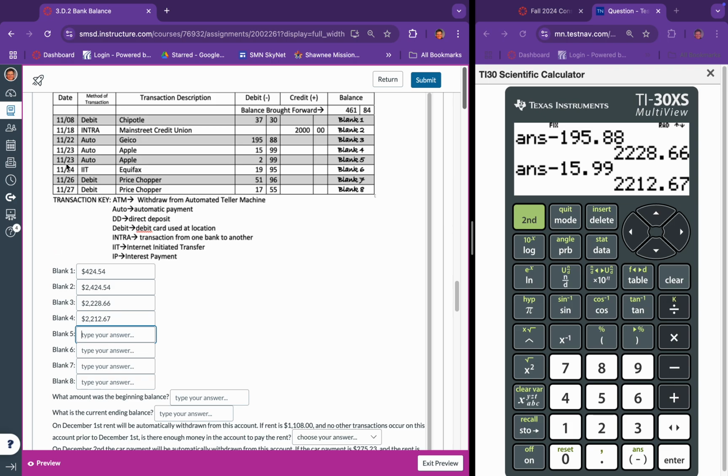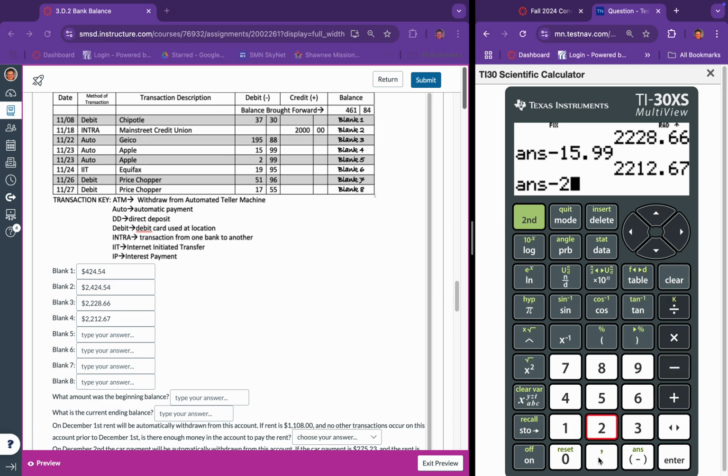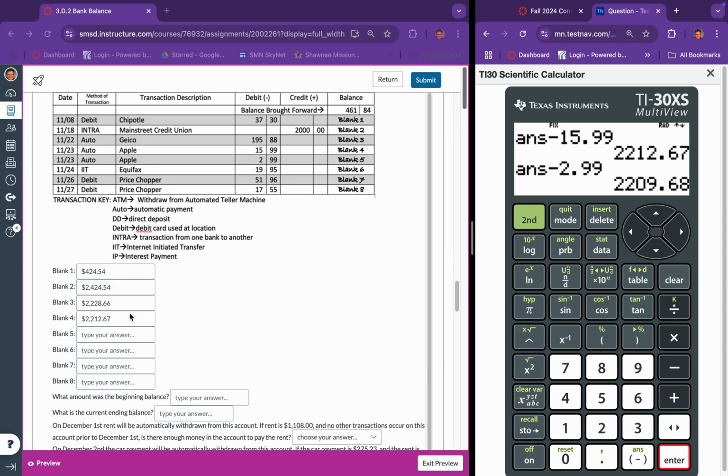That day also, Apple had another automatic withdrawal for $2.99. That is probably for the cloud or something. So you're going to take $2.99 out of your account. And after Apple has made that automatic withdrawal, you now have $2,209.68 remaining in your account.